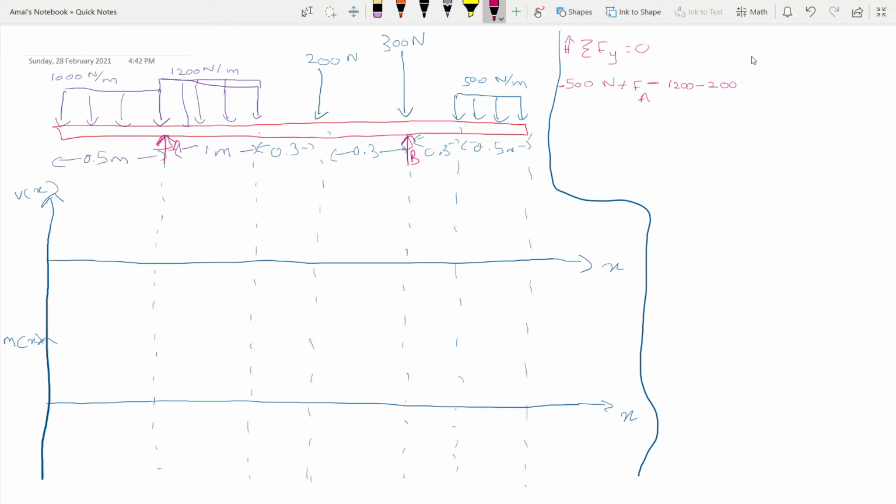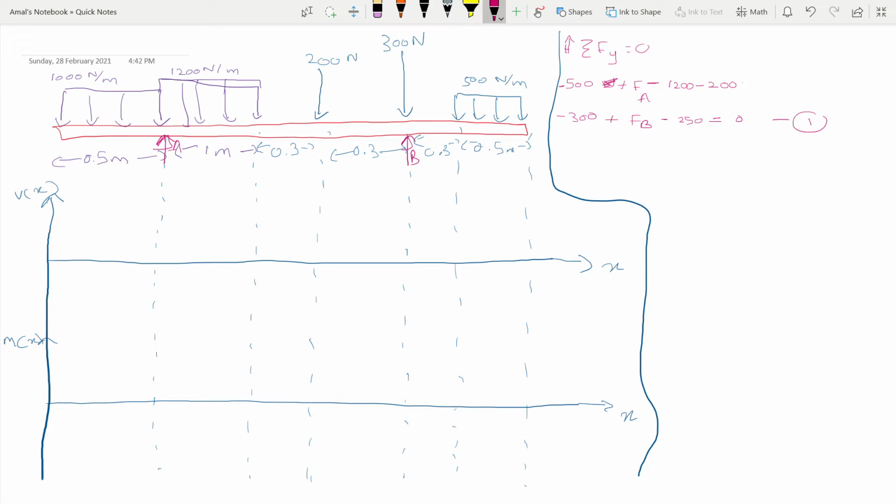It's going to be negative 300, continuing after the negative 200, and then plus FB, and then another downward distributed load, so the force is 500 Newton per meter times 0.5, so it's 250 Newton, and everything is equal to 0. We know the units are Newton, so I'm just going to erase this. This is the first equation.